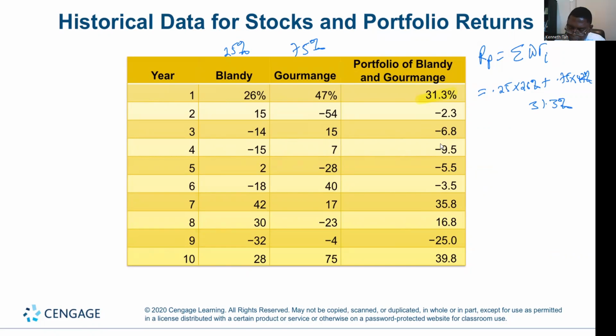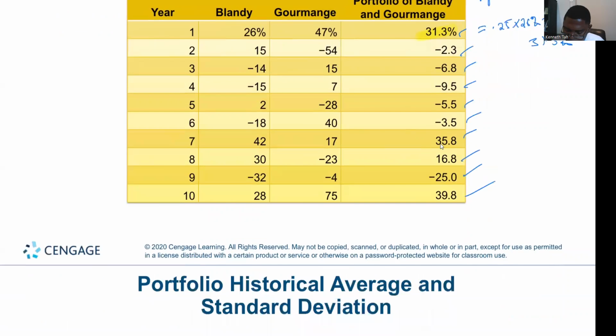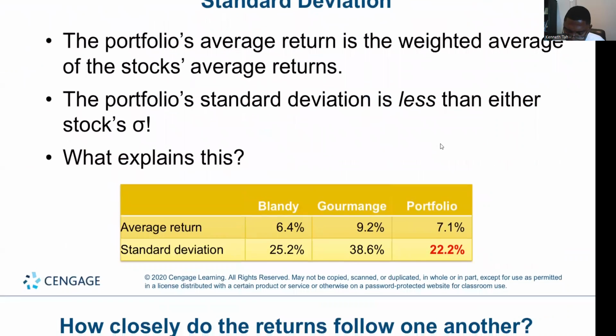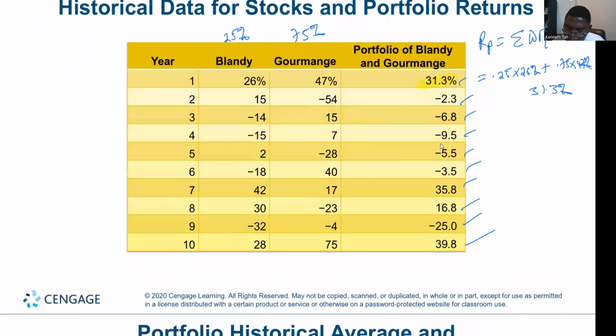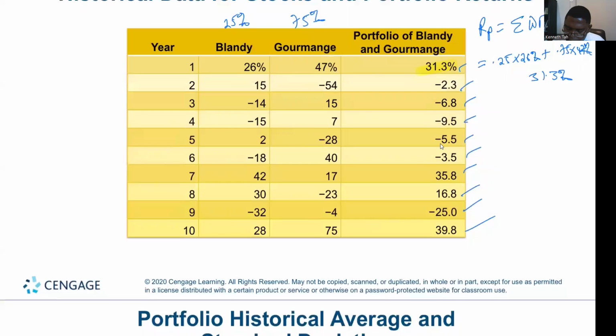We do that year after year, and we have different portfolio returns. We can add them up and divide by 10.